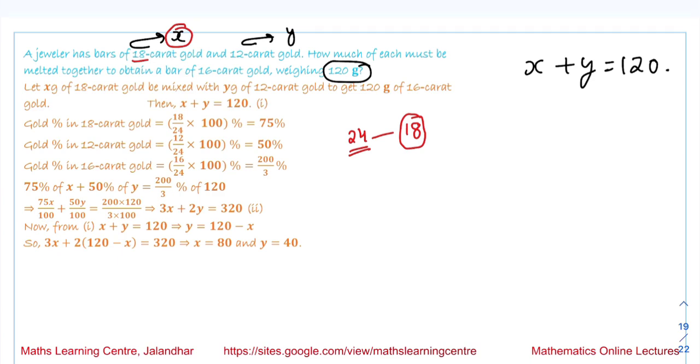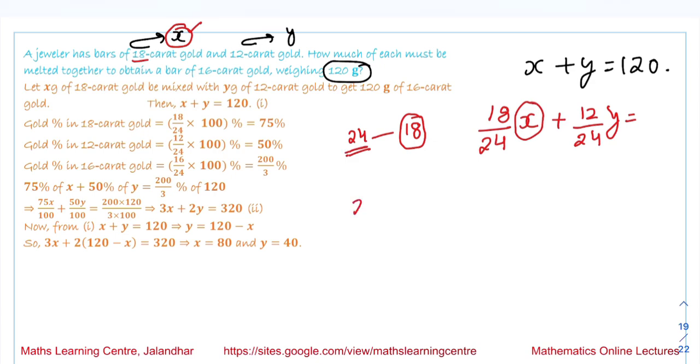So now we have x grams of 18 karat gold. When we are talking about the purity, we are not using the word concentration, we are using the word purity over here. So what we get from this is 18 over 24 x plus 12 over 24 y.